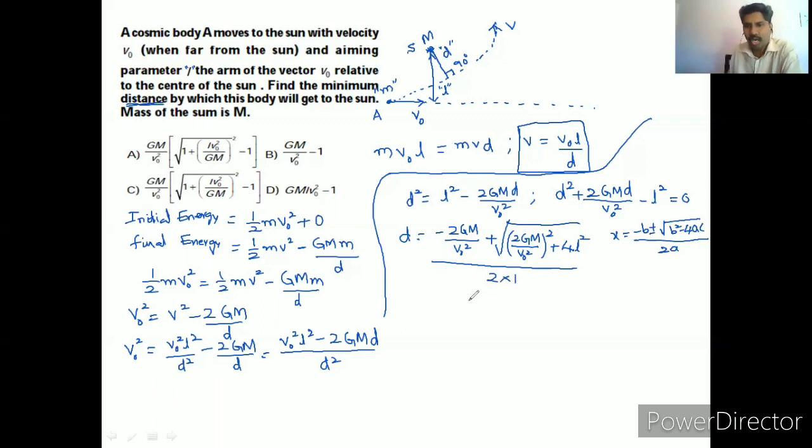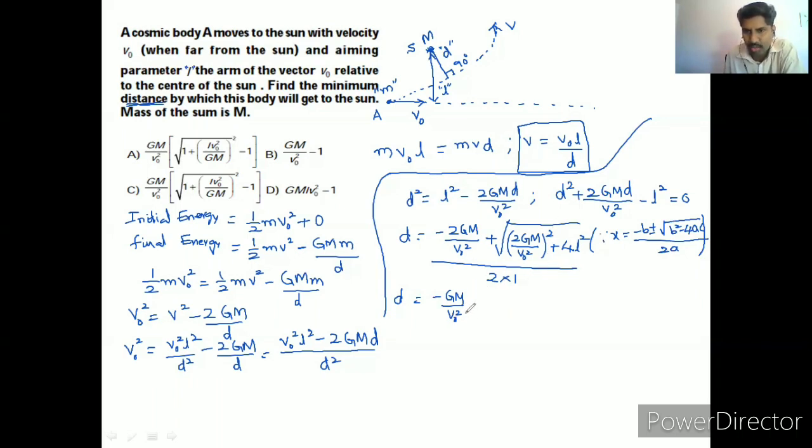So I will take the 2 common. We get d is equal to minus GM by v naught square, and here also I will take GM by v naught square common, which will come outside the whole square.